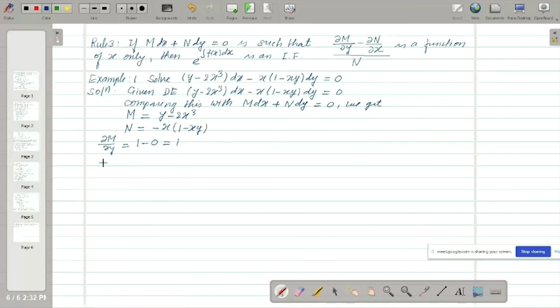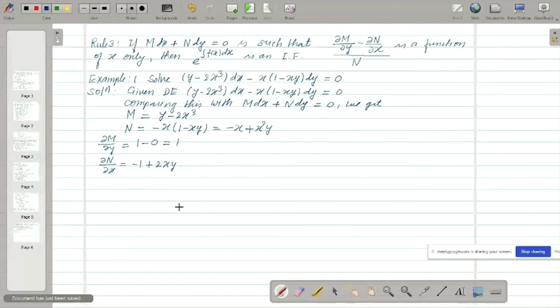Now differentiating N partially with respect to x, y will be constant. So just simplify this first. We multiply, this becomes minus x, and minus times minus goes plus x square y. So differentiating with respect to x, this becomes negative 1 plus 2 times xy. Okay, 2xy.